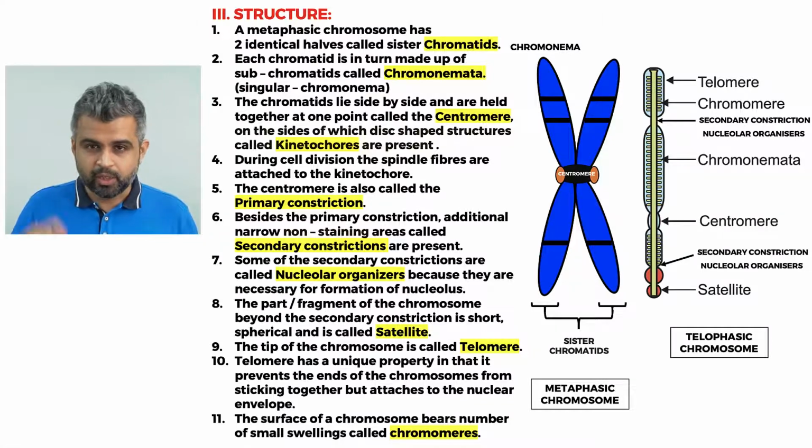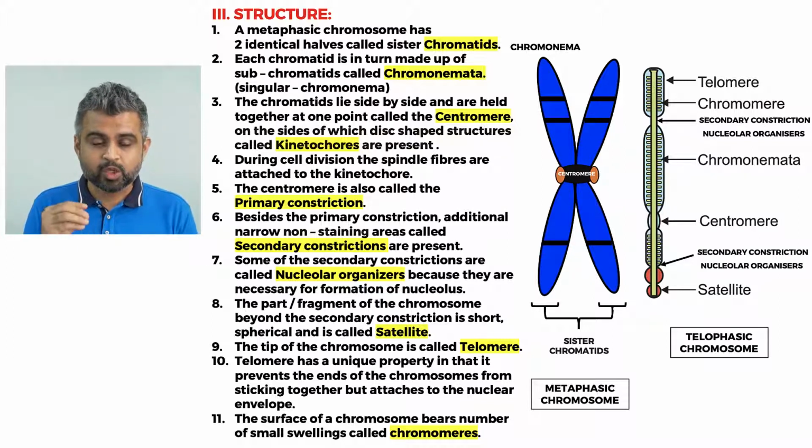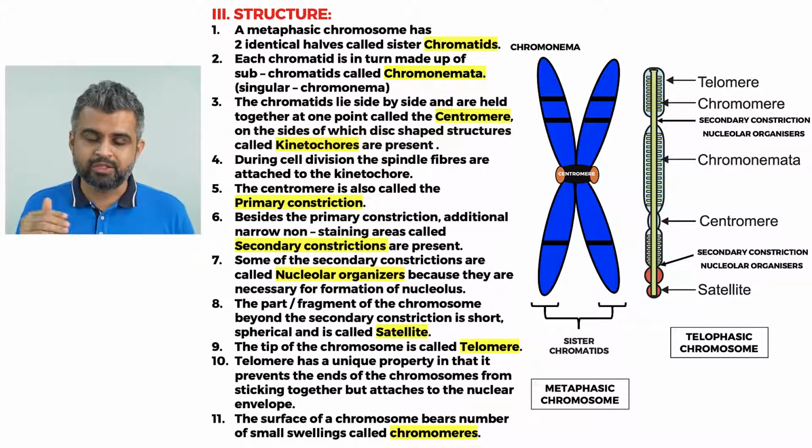Those little foldings or elevations are called the chromomeres. To scientists who study chromosomes, these chromomeres are important because these little elevations help them position where genes are located. So they help them locate the genes or the gene loci, and that is why these chromomeres are important.